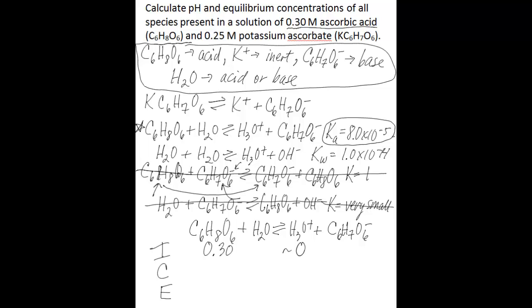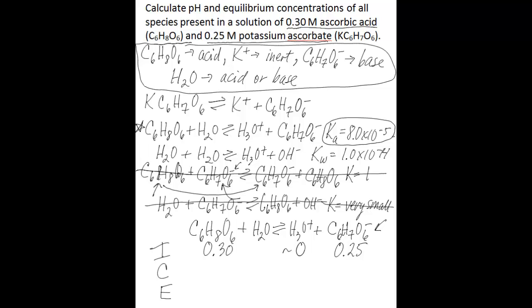There's always a little bit present, but there won't be much present until the ascorbic acid starts to transfer protons to water. And then for the initial concentration of the ascorbate ion, we're told in this problem that we start with 0.25 molar potassium ascorbate. So we have as our initial concentration of this ion 0.25 molar.